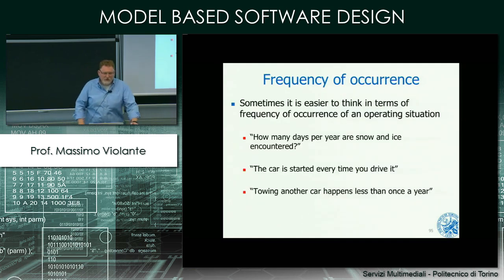The frequency of occurrence is another way of thinking about exposure. It is when you answer questions like how many days per year the snow and ice is encountered. Let's imagine that the operational situation is I am building an item to be deployed in a vehicle for the Northern Europe market.